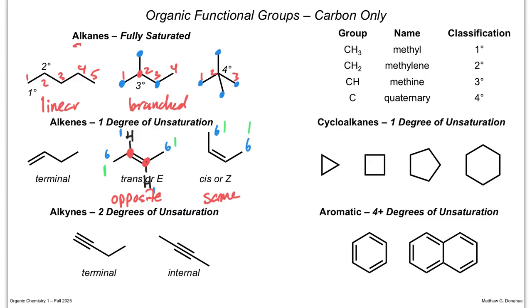So let's say, I'll do it in green because that was the numbers. So this is sort of you as the student standing on one side of the double bond. So you see one of those numbers on that side, and then the other number is on the opposite side.